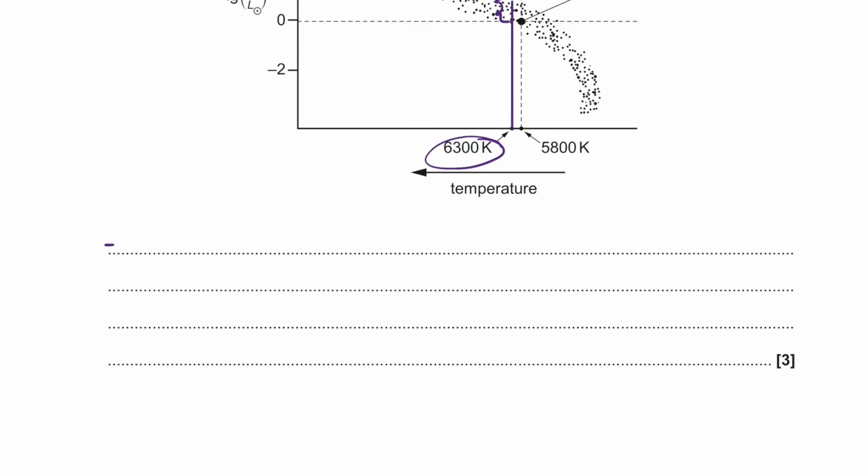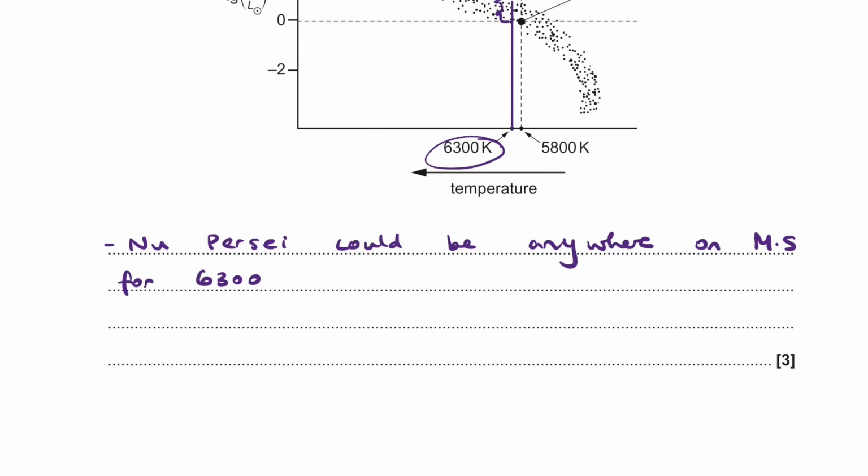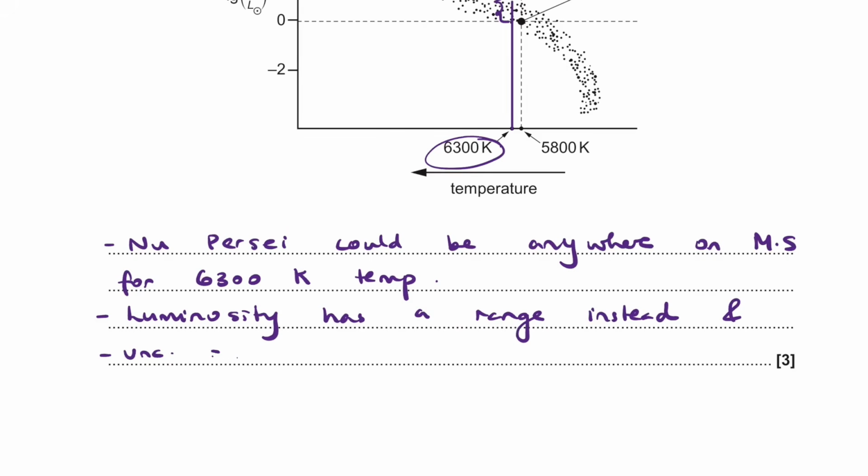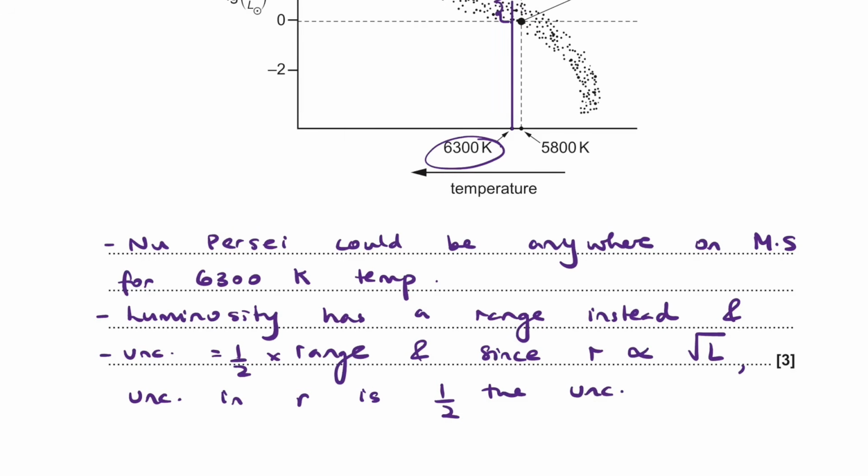So Nu Persei could be anywhere on the main sequence along the y-axis for this 6300 kelvins of temperature. So therefore, uncertainty will be half the range. And since the radius is proportional to the square root of luminosity, the uncertainty in R is half the uncertainty in the luminosity.